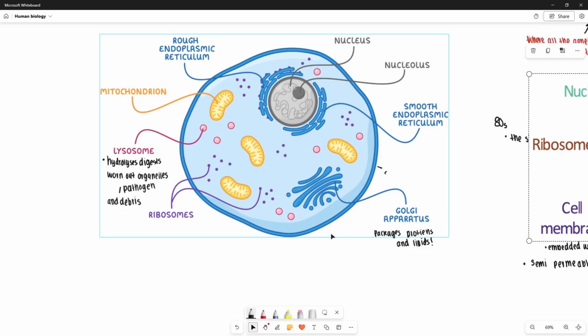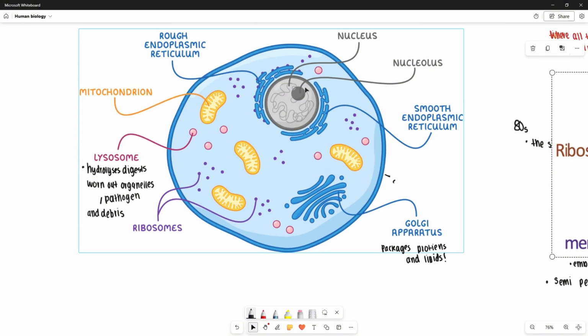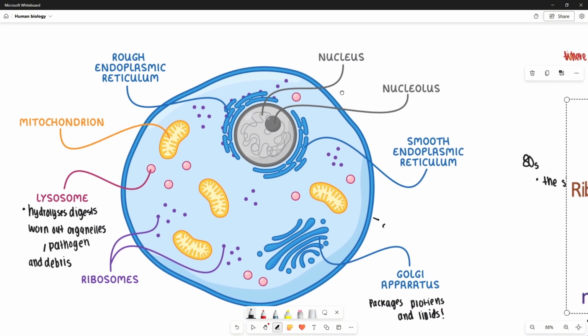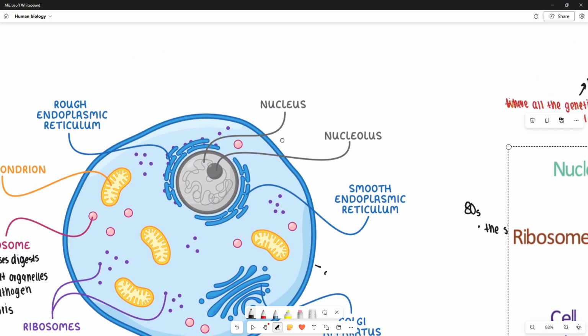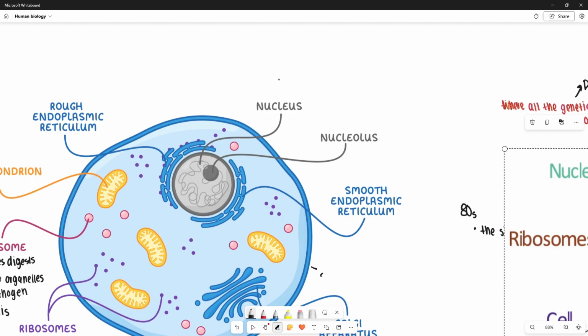We already went over the mitochondria. Oh, I realized I've not talked about the nucleolus. The nucleolus is this dense sphere that you see inside of the nucleus. When you look at a picture of the nucleus under an electron microscope, you'll see this little dot.